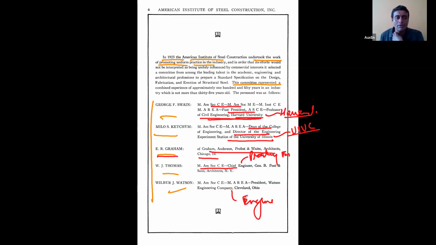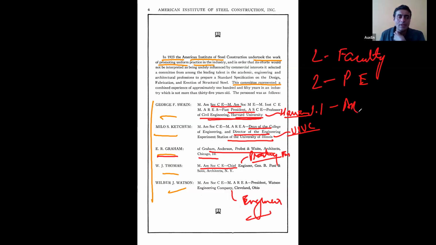So if you see, a very good mix: two practicing engineers, two faculty members, and one architect. It's a great balance that they have been able to strike in this first committee that brought out the first specification that was published back in 1923.